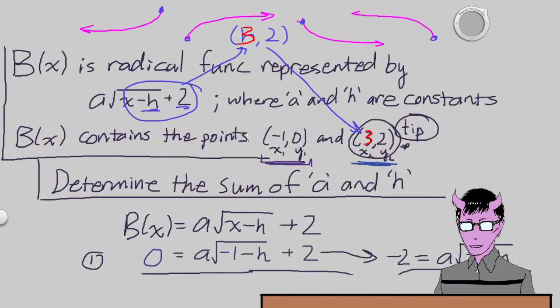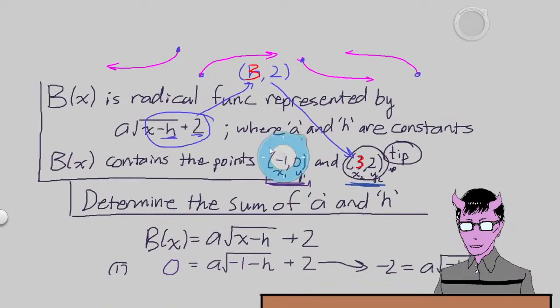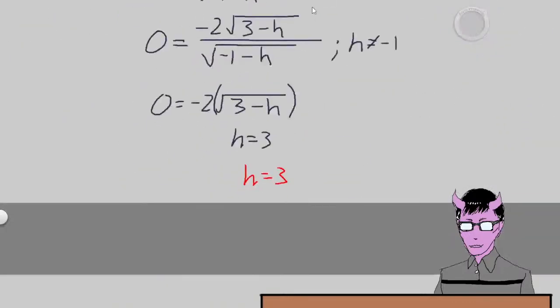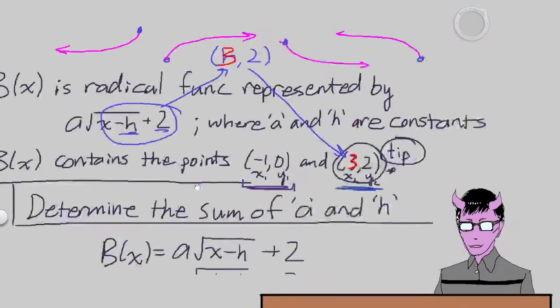So if h is equal to 3, then we should be able to solve for a, right? Which means we have to use the other equation. If we try to use this equation yet again, it's not going to be informative, because that's how we generated this 3 in the first place. So let's go off of that. Alright, so we are in agreement that h seems to be equal to 3. We're going to have to double check that afterwards.